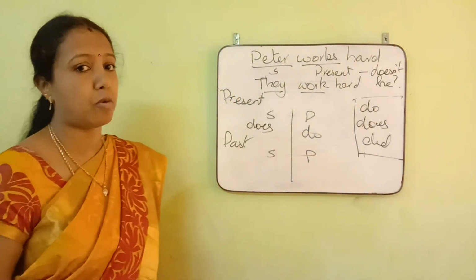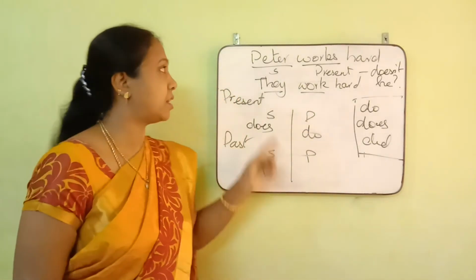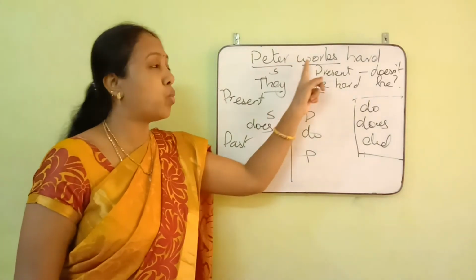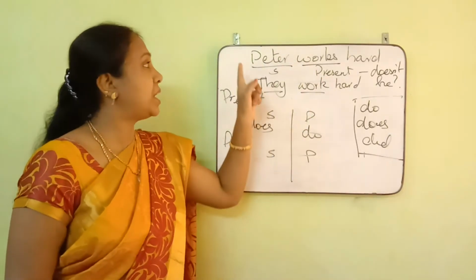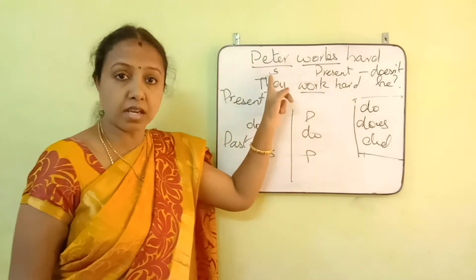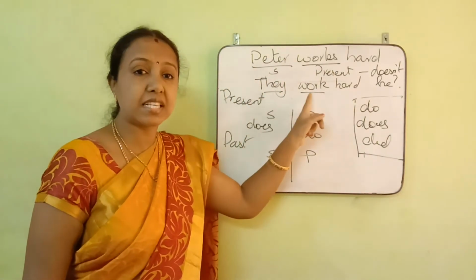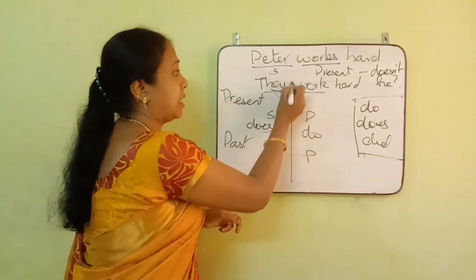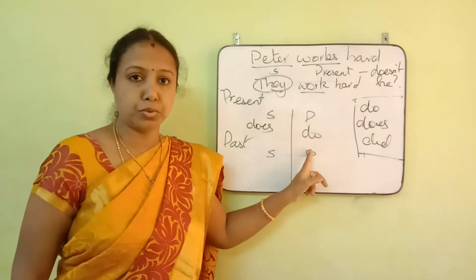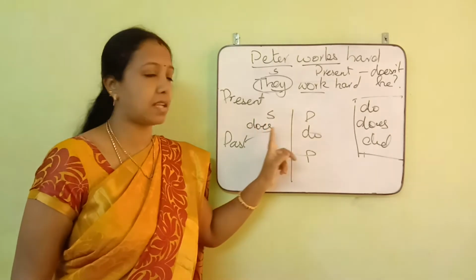Peter is singular and works is present tense, so you use "does". They is plural, so you use "do". That is does and do.